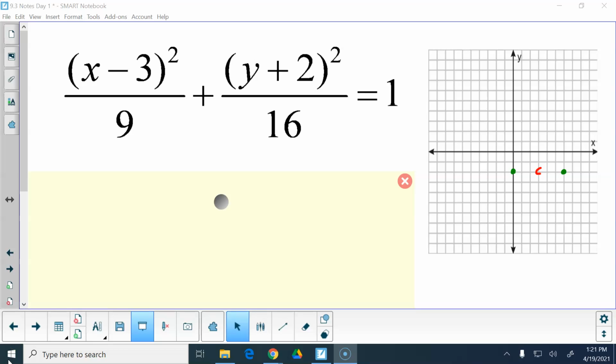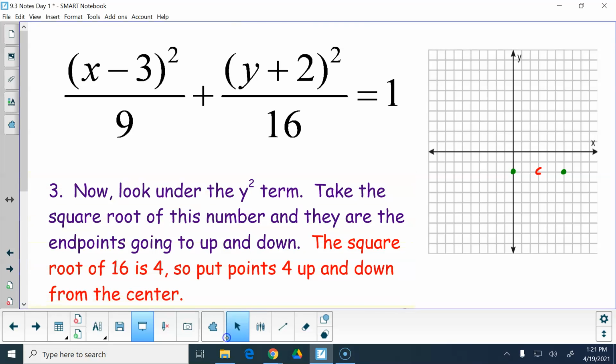Next, what we're going to do is we are going to look underneath the y squared term now, and we are going to again take the square root of that. What's the square root of 16? 4. And so that tells me that I'm going to go up 4, 1, 2, 3, and 4, down 4, 1, 2, 3, and 4.